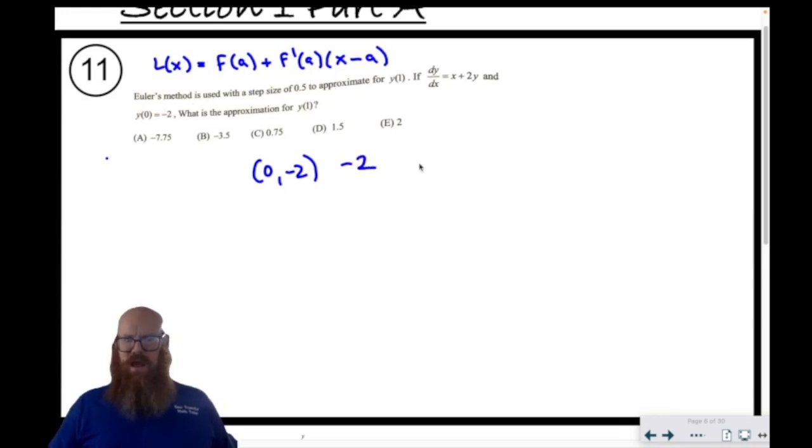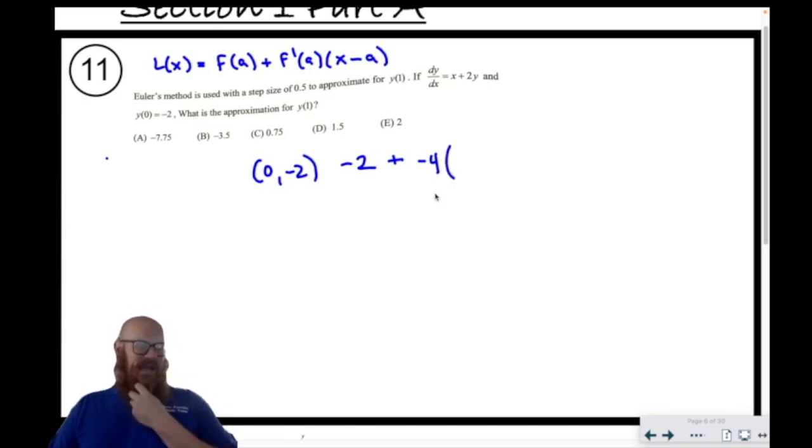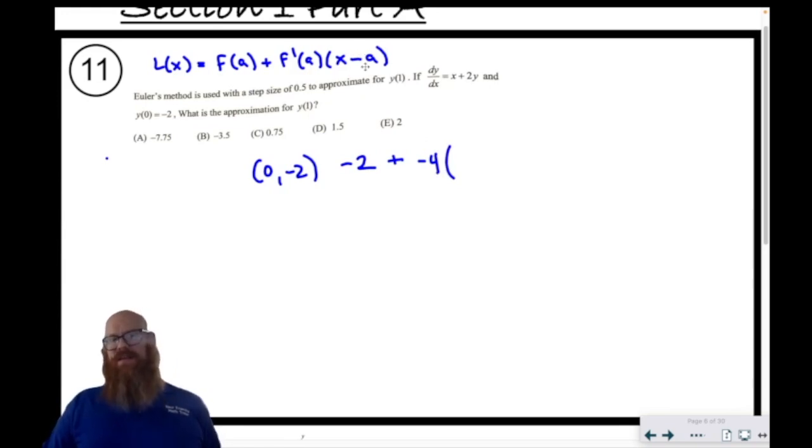That's this. And then I'm adding the slope. Well, the slope is when I plug this point into the differential equation. So that gives me -4, all right? And then that is times the x minus a. Well, this x minus a is just the delta x, which is really just the step size. So I'm using a step size of 0.5.